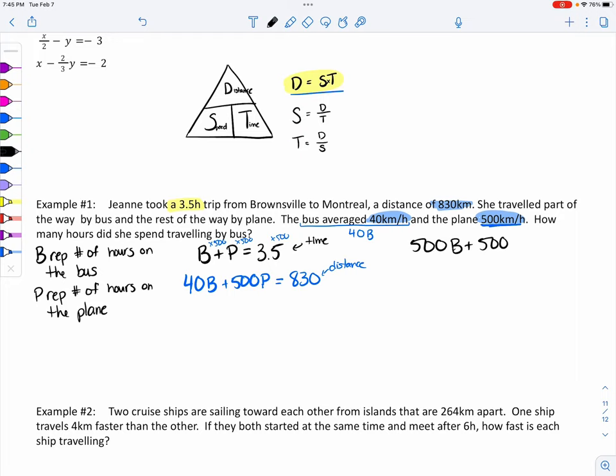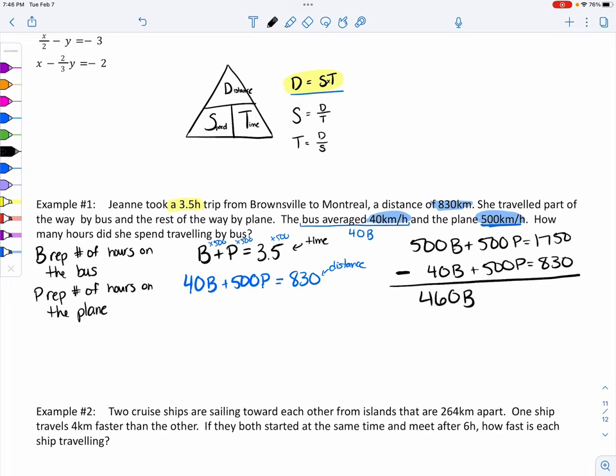My first equation now becomes bigger: 500b plus 500p equals 1,750. And the second equation is staying the same.